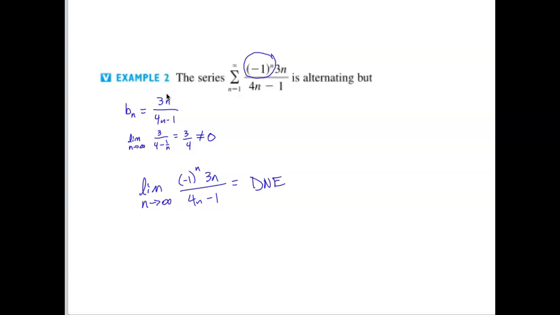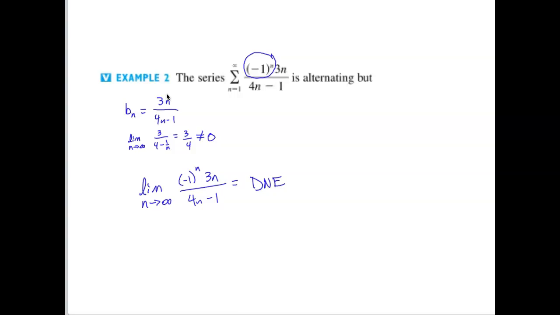The (-1) just makes this continue to alternate, so it's not going to approach anything. I mean, it will approach 3/4, but also it will approach -3/4, right? So overall, the limit doesn't exist because it's not approaching a single number. It's kind of bouncing back and forth, approaching +3/4 and -3/4. So this does not exist.